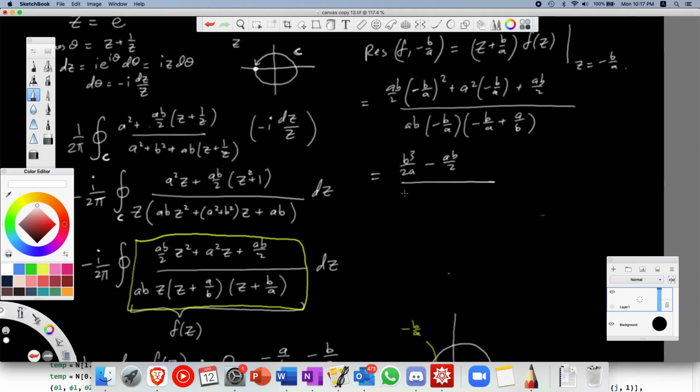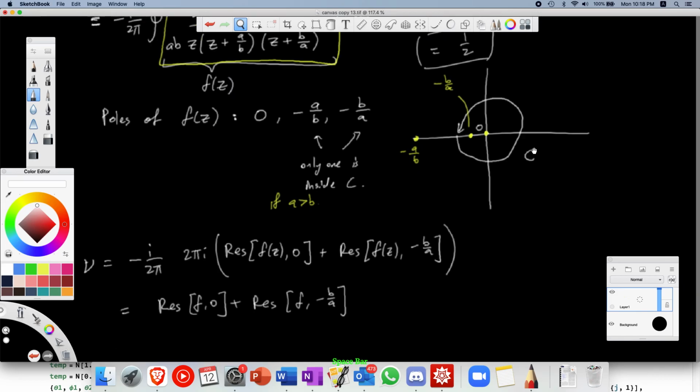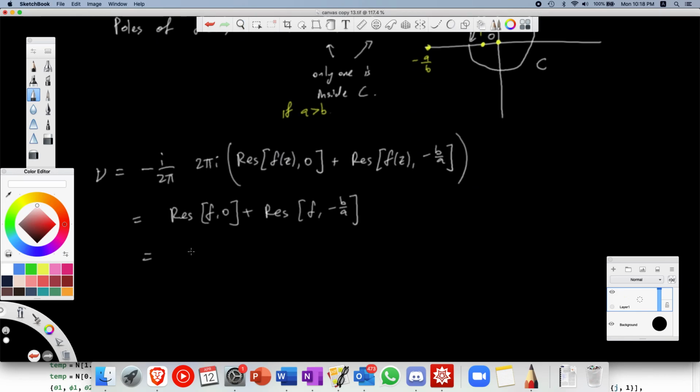The denominator would be minus b squared a over b minus b over a, and that equals b cubed over 2a minus ab over 2, divided by b cubed over a minus ab, and that will just be 1 over 2. So that is the residue. We have the two residues, and that will give us 1 over 2 plus 1 over 2, which, surprise, is 1. Remember that this was the case if a is greater than b.